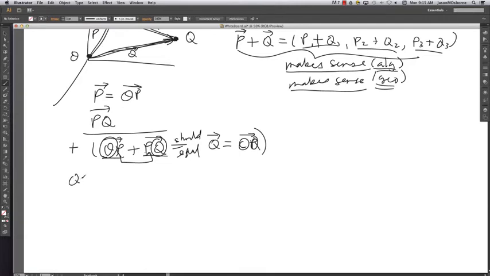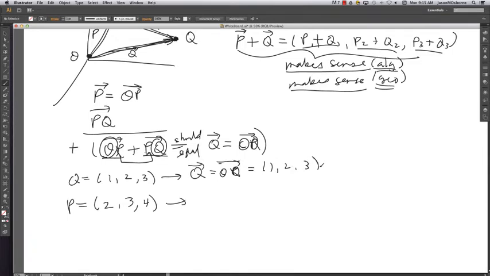So if you take the point Q to be 1, 2, 3, and the point P to be 2, 3, 4, then we know that the vector Q, which is the same as the origin to Q, should be 1, 2, 3. The vector P, the origin to P, is going to be 2, 3, 4.